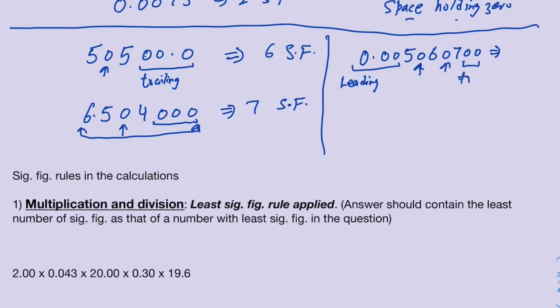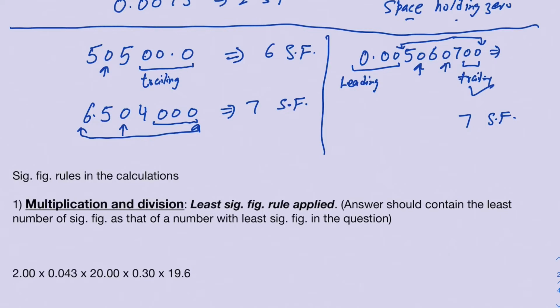Those are trailing zeros, but the question is whether there is a decimal. The decimal is way before them, but that's all that matters. Since there is a decimal, these trailing zeros count as sig figs. So all digits from the 5 to the last 0 are counted, and I have 7 sig figs in this case.